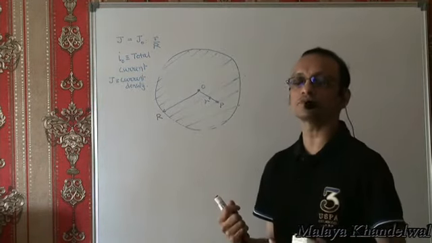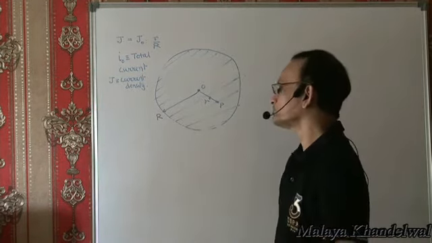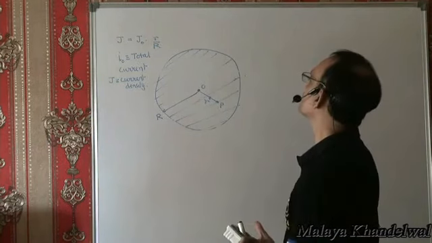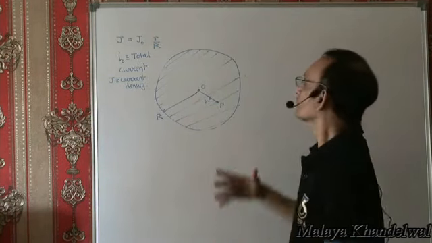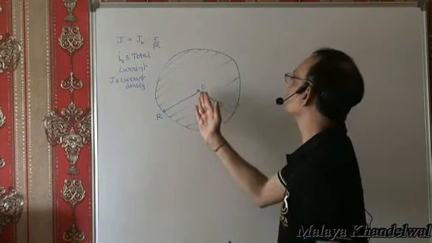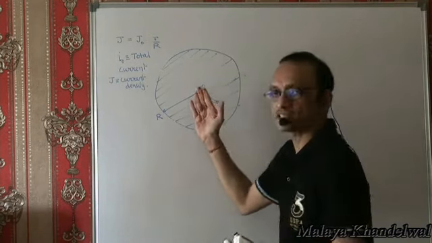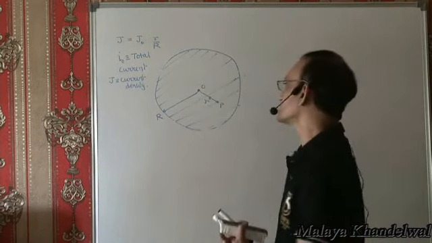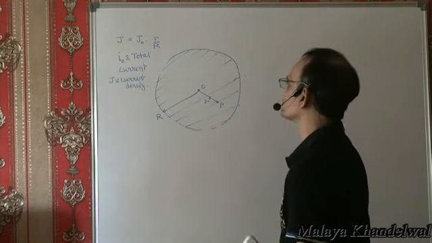We want to be able to compute the magnetic field inside and outside as a function of small r, the distance from the center O of this cylinder. So what do we do?